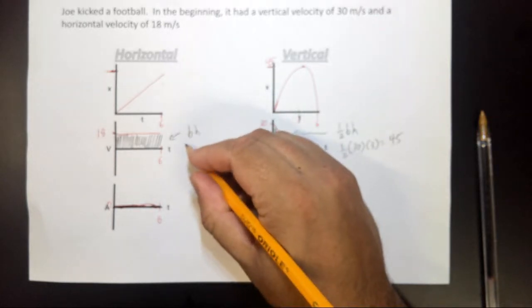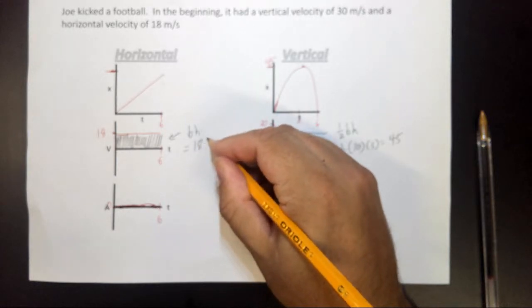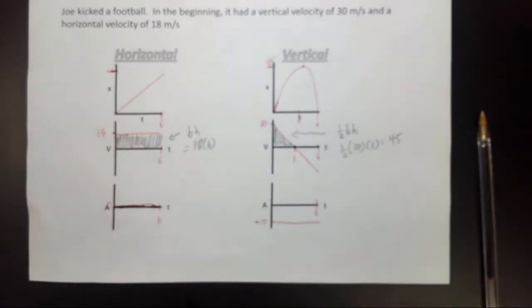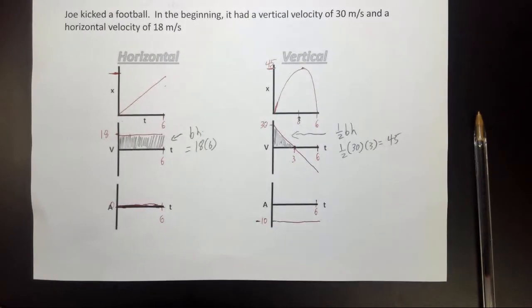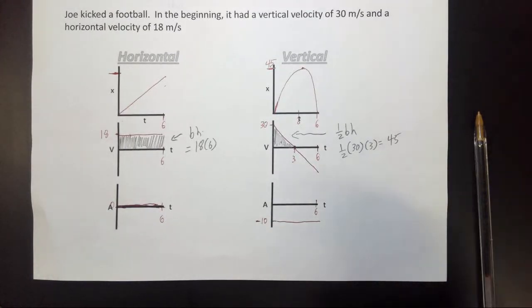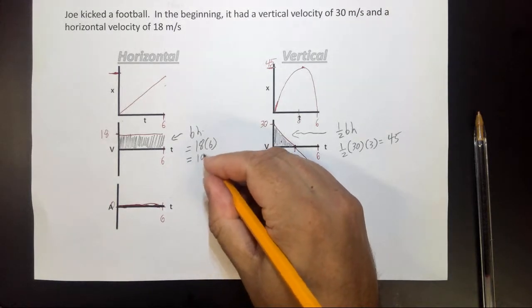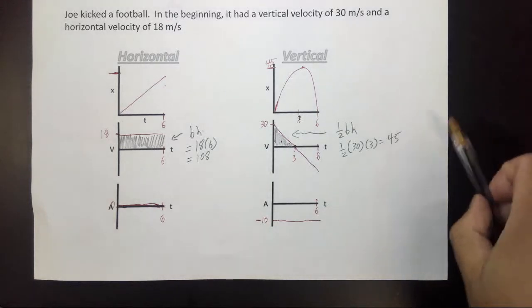It gives you the area, and that is equal to 18 times 6. Okay, so 18 times 6, and then that is equal to 108. And so horizontally it traveled 108 meters.